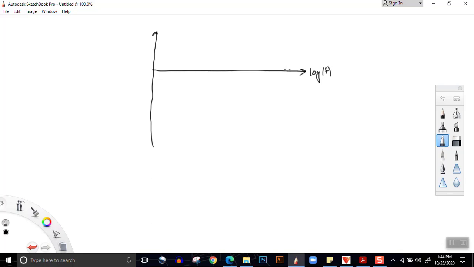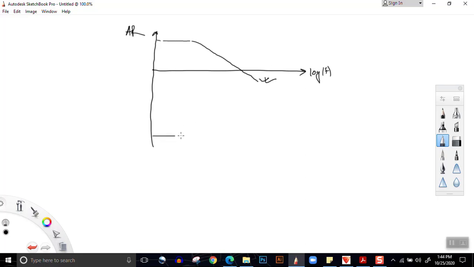Taking a semi-log graph paper, we'll see at lower frequencies, the amplitude ratio is almost constant. And as the frequency rises, the amplitude ratio gradually falls. So we'll see a graph similar to this. Maybe it won't intersect, but we'll see a graph similar to this. This is our amplitude ratio graph.